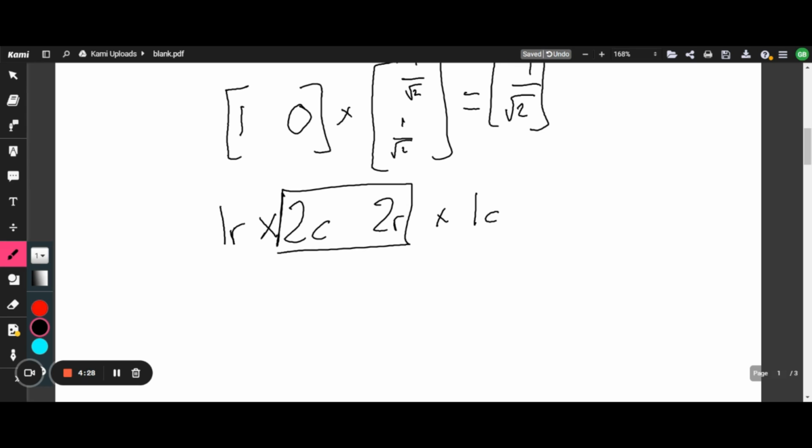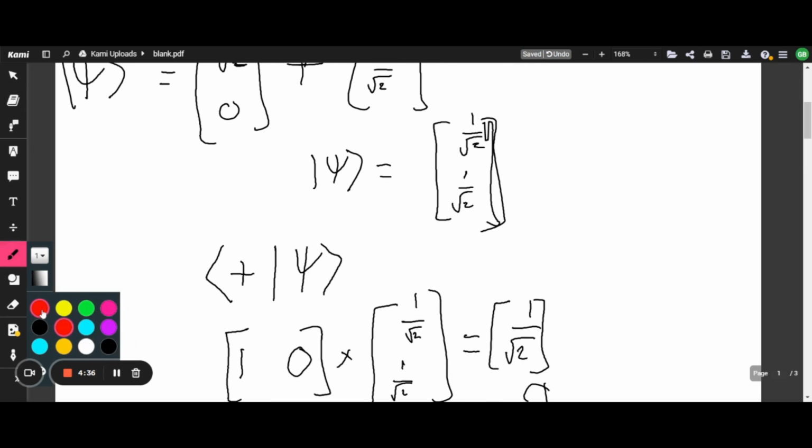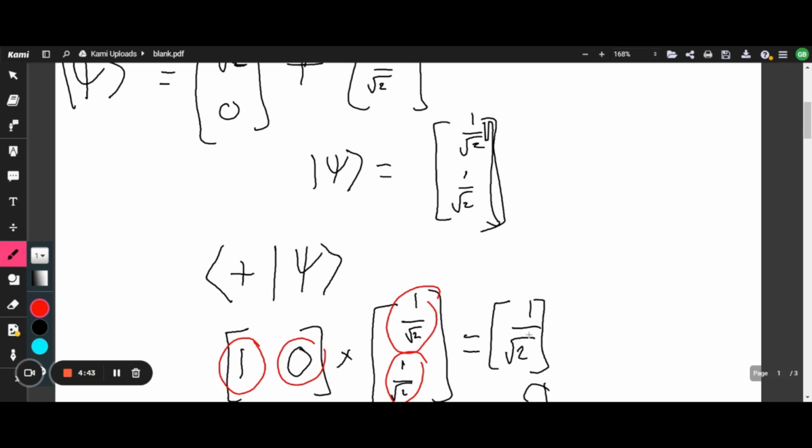And the resultant matrix will be 1 row and 1 column, right here. By multiplying 1 times 1 over square root 2 and adding that to 0 times 1 over square root 2, we get 1 over square root 2.